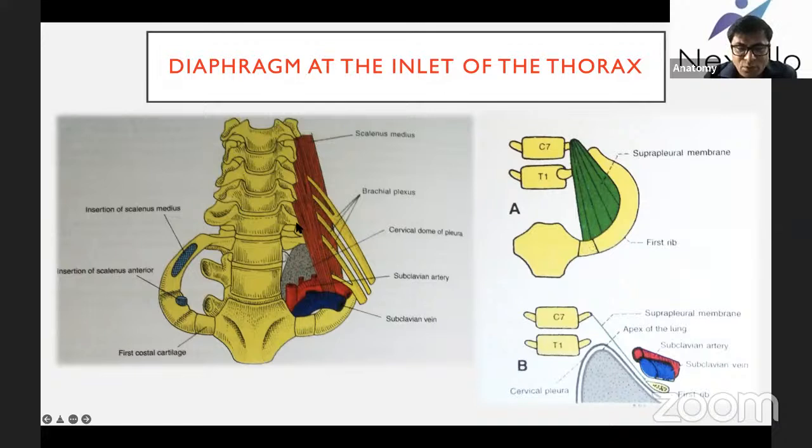And one more thing is, all these scalene muscles are anteriorly covered by a modification of the deep cervical fascia, and that's called the prevertebral fascia. So all of this is invested by the prevertebral fascia.